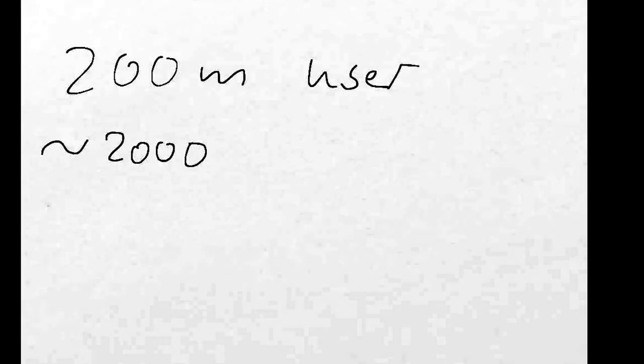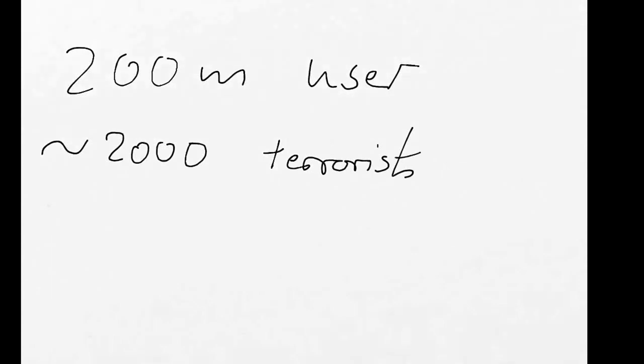I don't know how the CIA estimated that, but allegedly they assume that there are around 2,000 hardcore terrorists. Now what you can do is you can immediately calculate the prevalence of that. This would be 2,000 divided by 200 million.